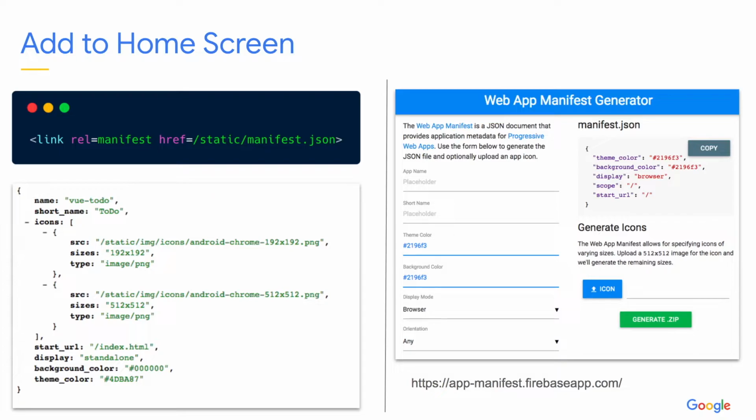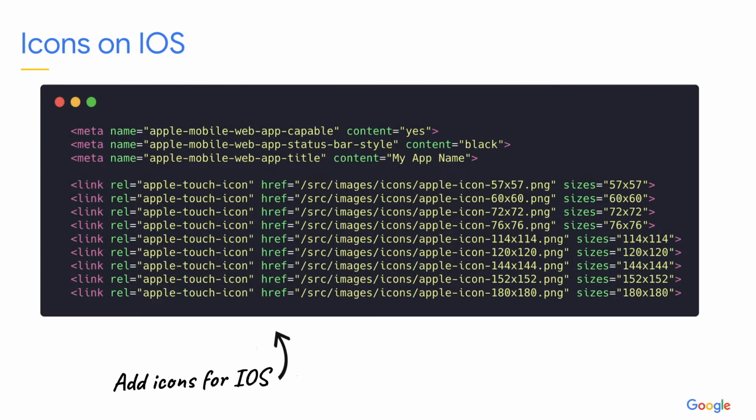So you can decide to write your own manifest.json manually, or you can use this web app manifest generator, which is a small app, really handy one. You can upload an icon, and then you fill that form, and bam, it generates everything for you. It's something that I always use.